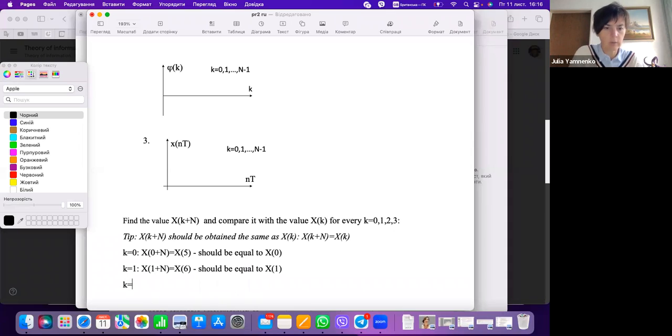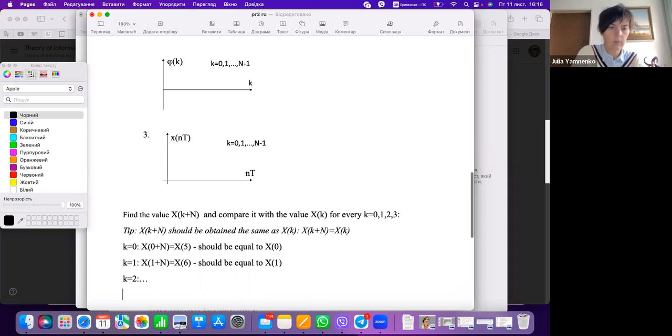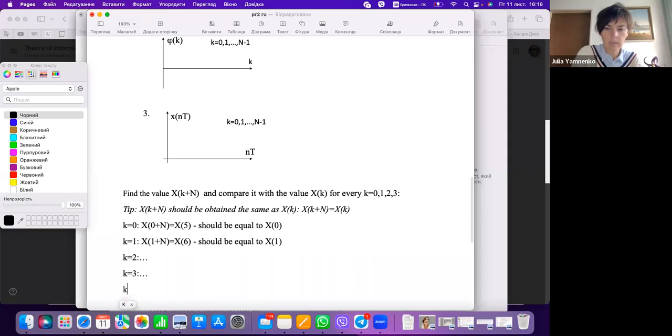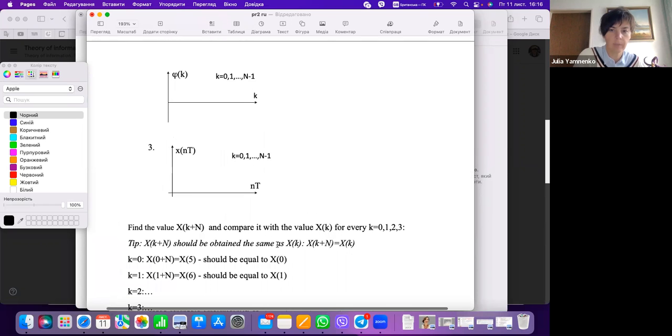For k equal to 2, for k equal to 3, and that's all. For every k 0, 1, 2, and 3, that's all. So you should do this, and you should see that you will obtain the same as you already obtained, the component of the spectrum here.